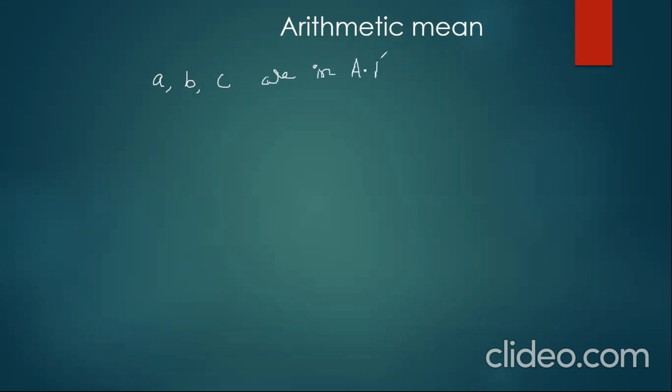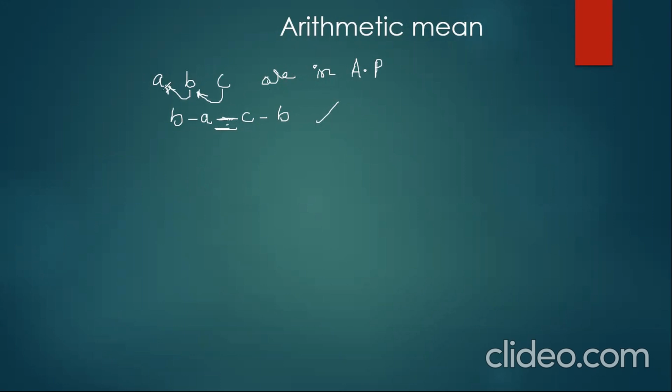If those are in AP, how do you identify that the given terms are in AP? The common difference is the same. If the common difference is the same, then you can say that those are in AP. That means B minus A is equal to C minus B. If this condition is satisfied, then you can say that A, B, C are in AP, right?